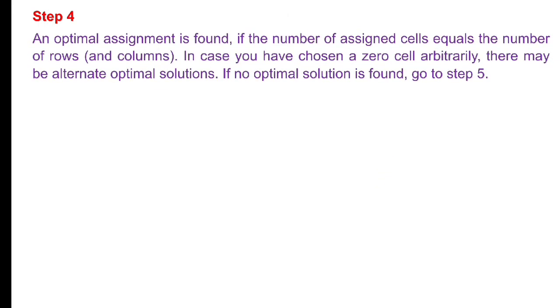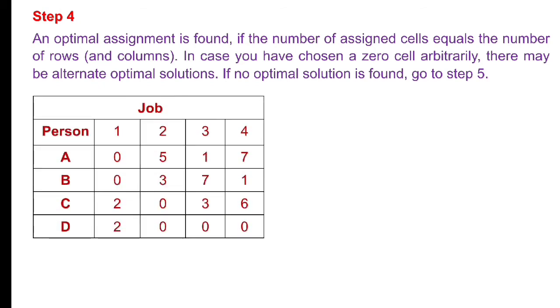Step 4. An optimal assignment is found if the number of assigned cells equals the number of rows. Here we consider the new matrix obtained after step 1 and step 2, that is, subtracting the row minimum and then the column minimum.